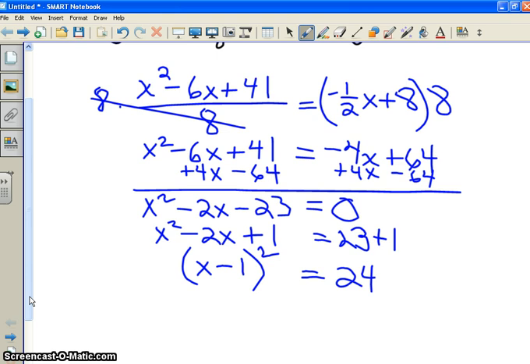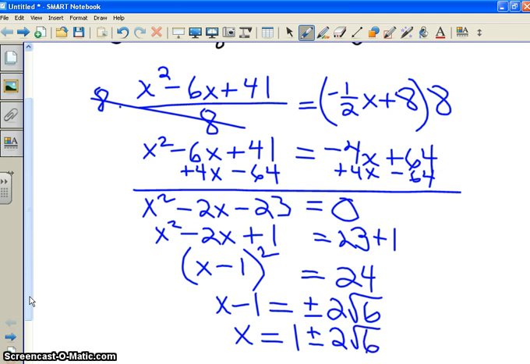Solving for x, take the square root of both sides. So we're going to get plus or minus square root of 24, which is really square root of 4, square root of 6, which is really 2 square root of 6. And then last thing to do, add the 1 over to the other side. 1 plus or minus 2 radical 6.